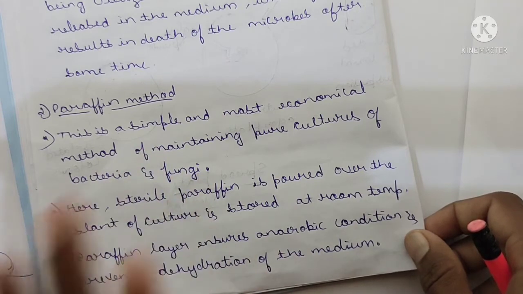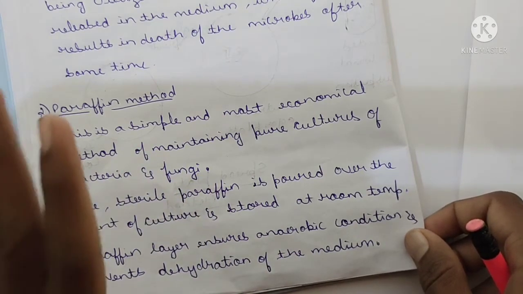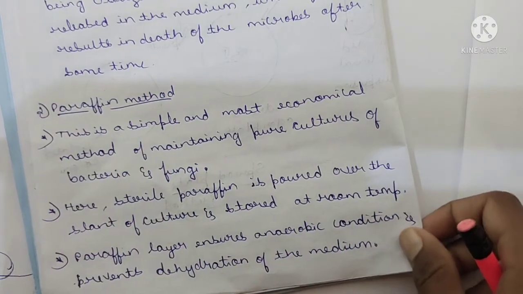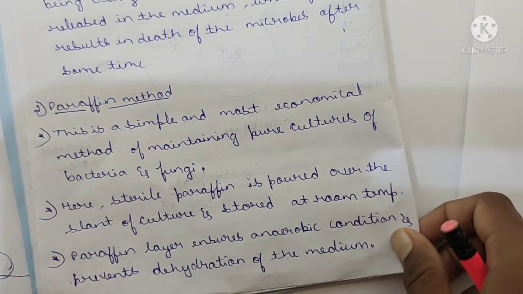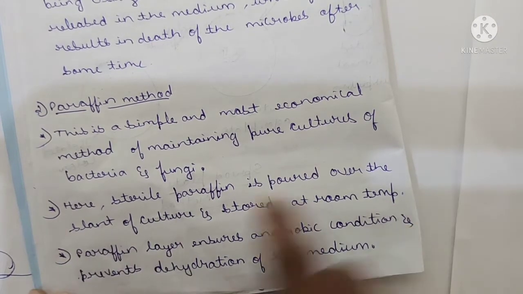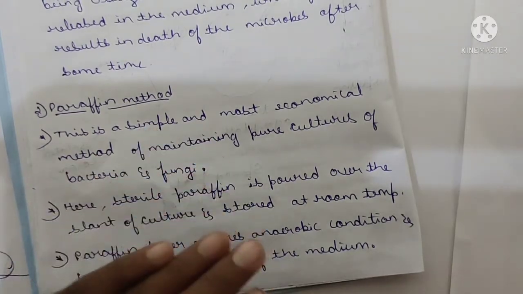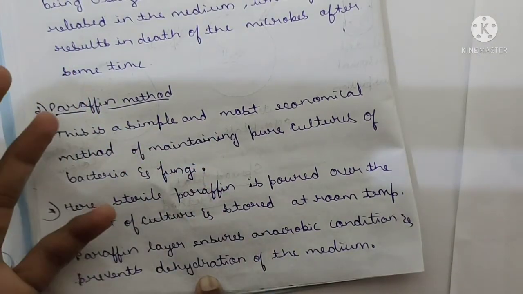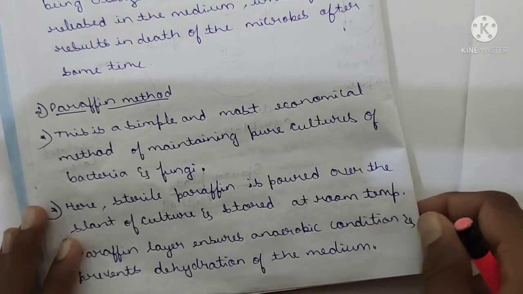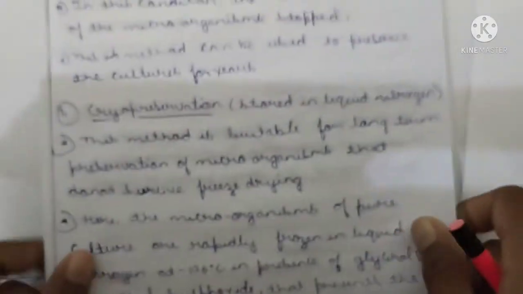They require the absence of oxygen. For that reason we are using this paraffin method. Later, in lecture 6, we will study anaerobic microorganisms, how to store and culture them. You got this? Paraffin forms the layer, ensures the anaerobic condition and prevents the loss of water from the medium.